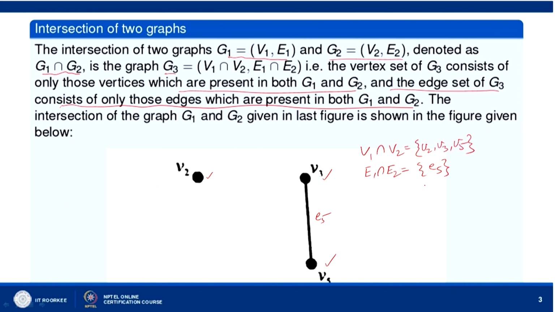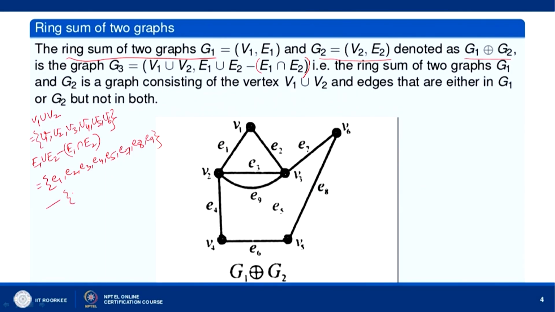E1 intersection E2 is E5. So, we get E1 E2 E3 E4 E7 E8 E9.